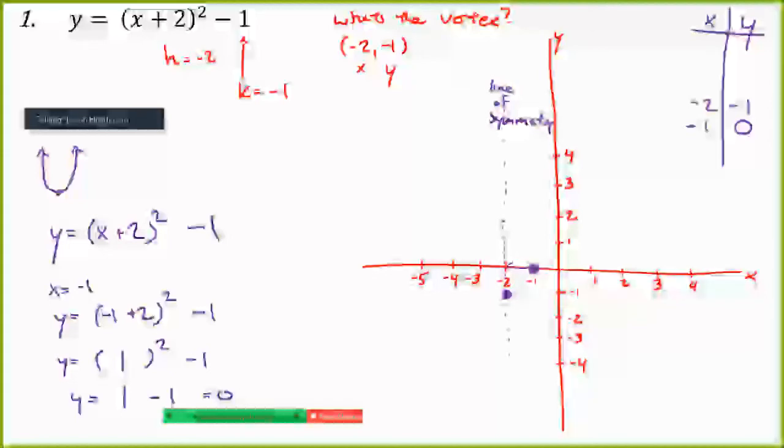See how this point -1, 0 is one space, one unit away from the line of symmetry? So that means on the other side of the line of symmetry, there's another point just like it right here. I'm going to keep that one not filled in. We didn't solve for that one, but that is another point on our parabola, and we know it just because the parabola has symmetry.